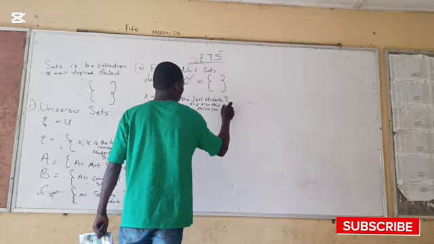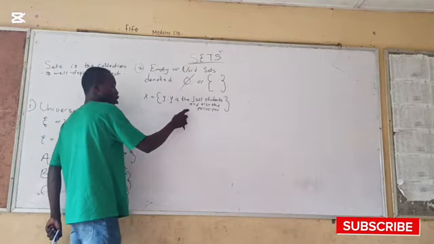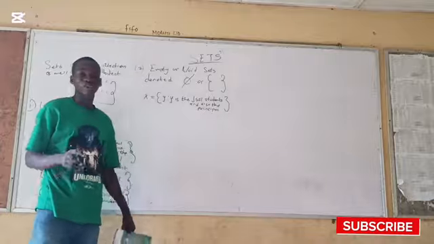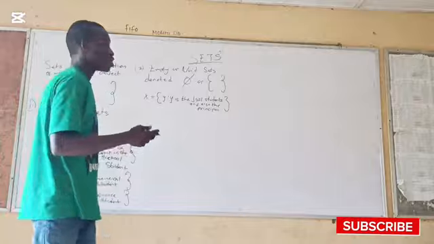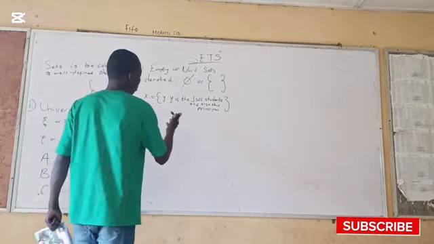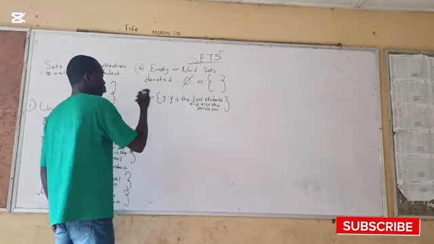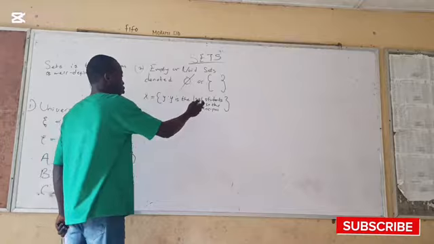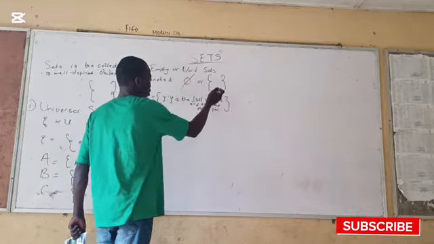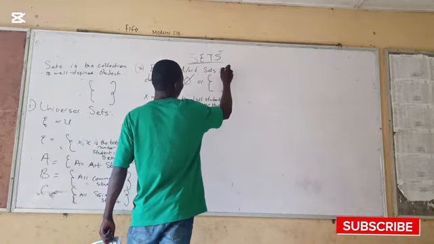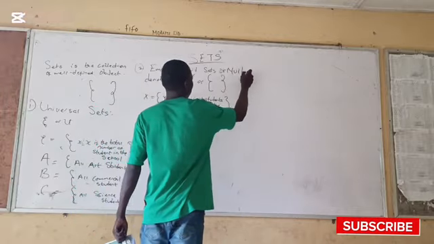How will a JSS1 student also be the principal of the school? That's the first question. This is not possible. Since you can't have a JSS1 student who is also the principal, you can just represent it with this symbol of empty or void set, or you can even write it by saying null set.